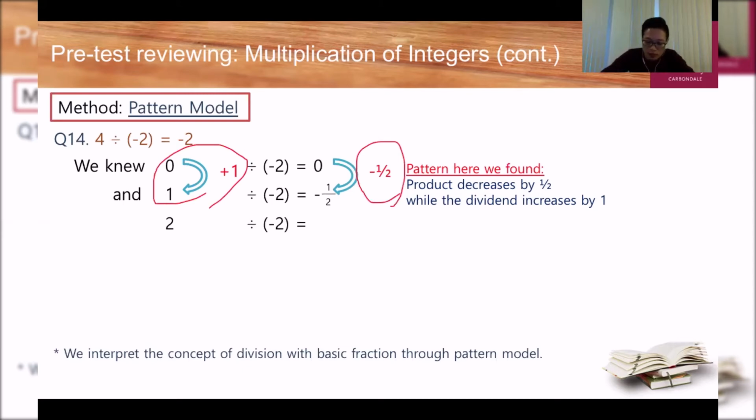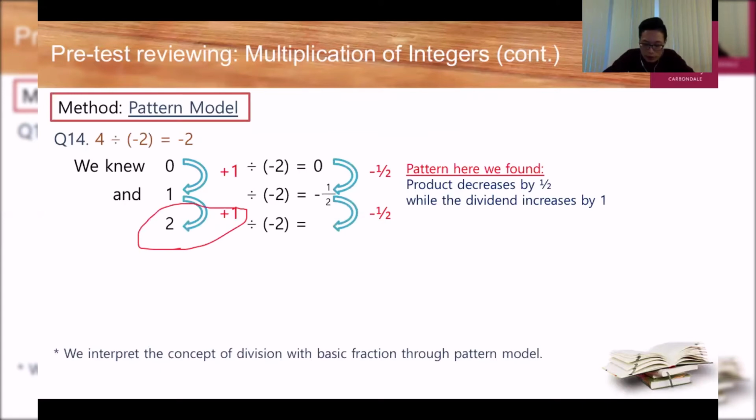All right, so based on this pattern, when dividend increases by 1, the product will decrease by 1/2. So here is -1/2 minus 1/2. The product here is -1, right? So we keep following this pattern. 3 divided by -2.